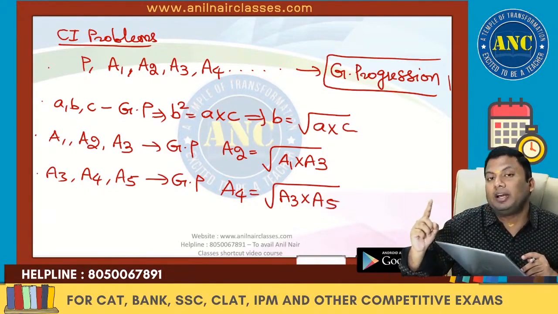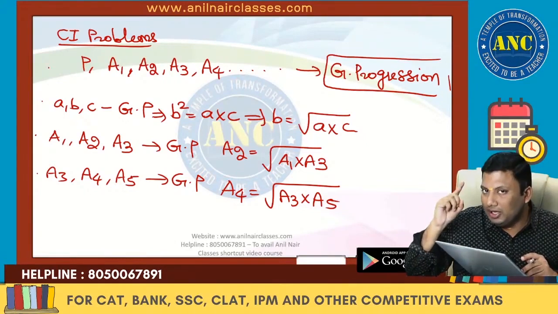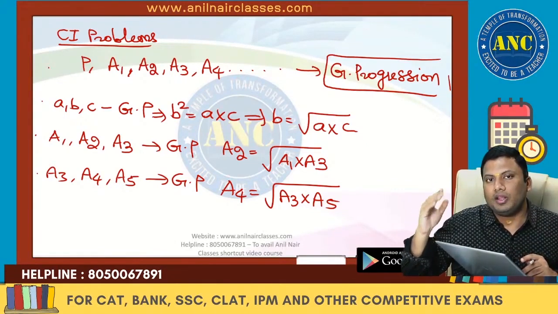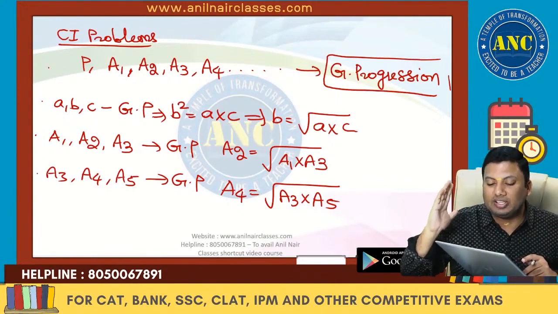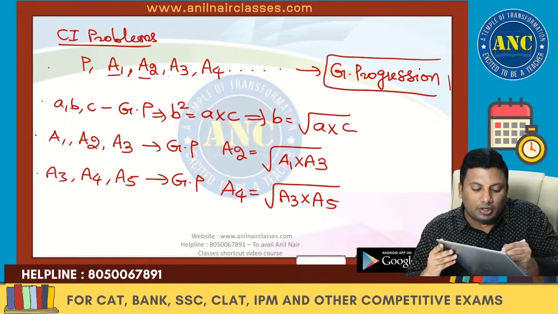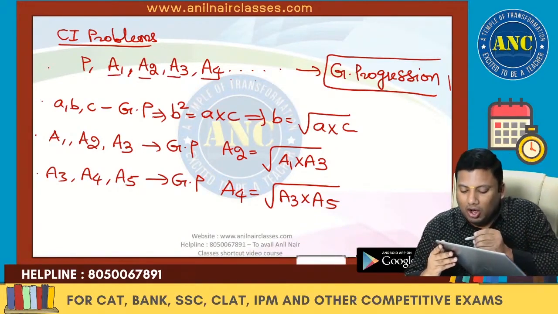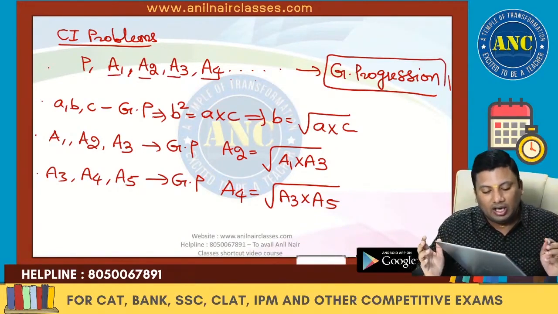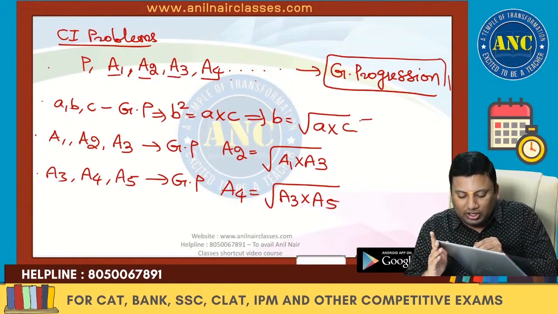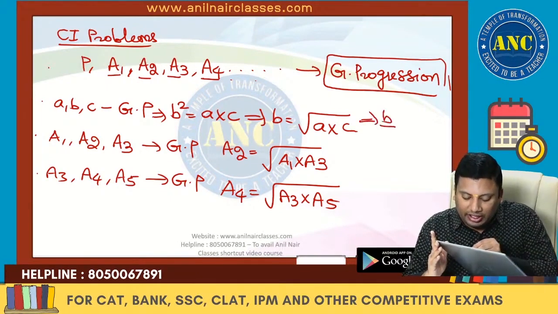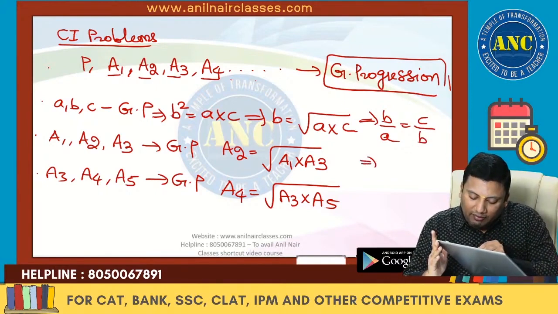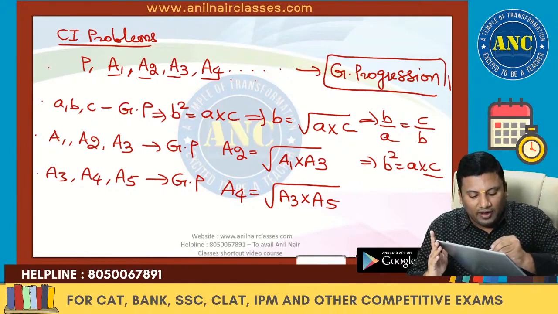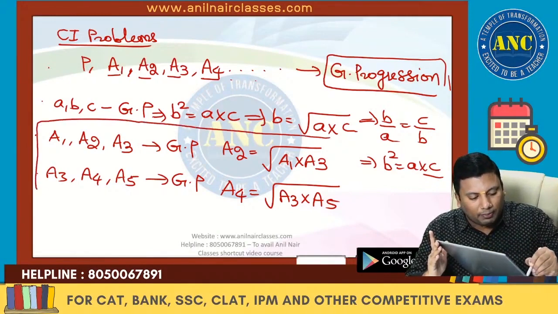Because the multiplicative factor is the same, all the values in compound interest, which are the amounts A1, A2, A3, A4, A5, are all in geometric progression. If they are in geometric progression, the ratio between consecutive terms is the same. B by A is equivalent to C by B, which is nothing but B square equivalent to A into C. Very, very important point.